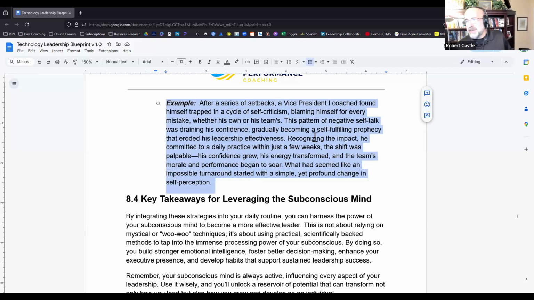So recognizing the impact, he committed to a daily practice, and within a few weeks, the shift was palpable. His confidence grew, his energy transformed, and the team's morale and performance began to soar. What had seemed like an impossible turnaround started with a simple yet profound change in perception.